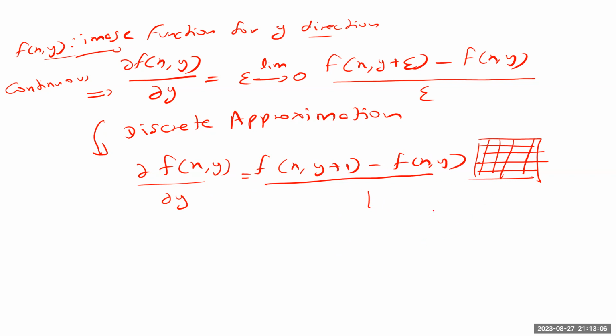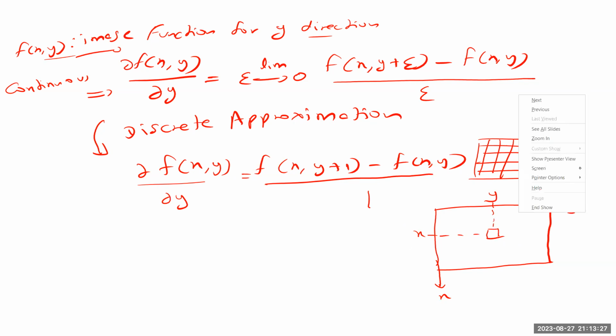So here in this case, we have y, we'll have x here, we'll have y here, we'll have the corresponding pixel, and we'll get this y plus 1 is this pixel.